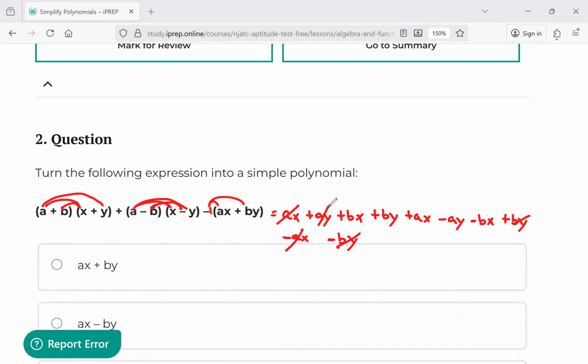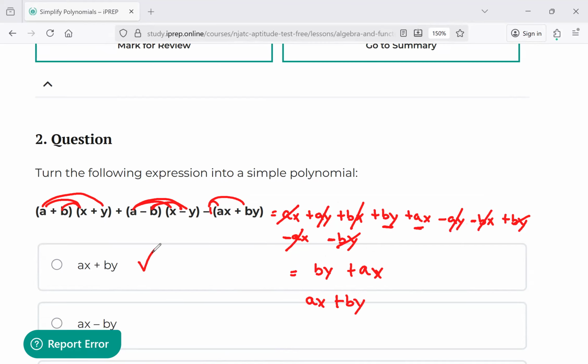I see a positive ay and a negative ay. And then I see a bx and a negative bx. And that's it. So I'm left with by plus ax. Or if you put it in alphabetical order, it would be ax plus by.